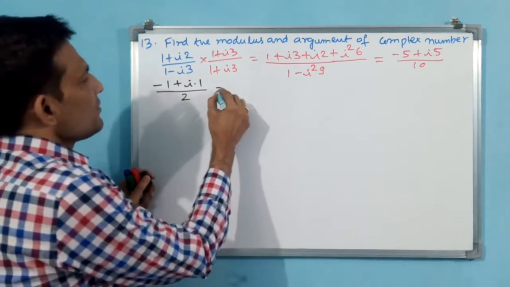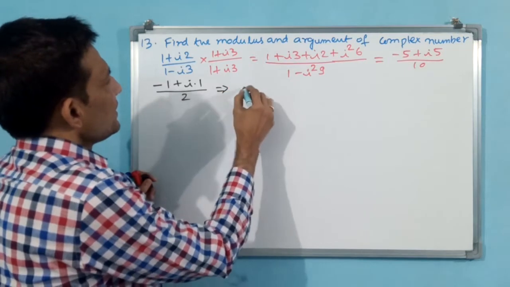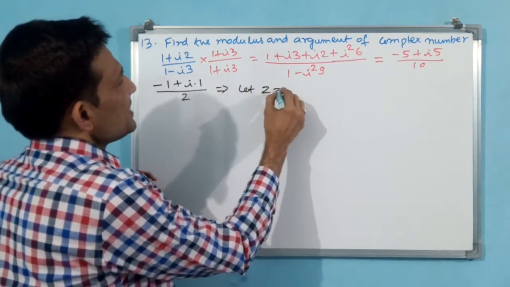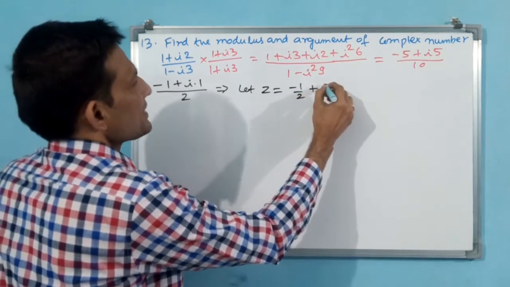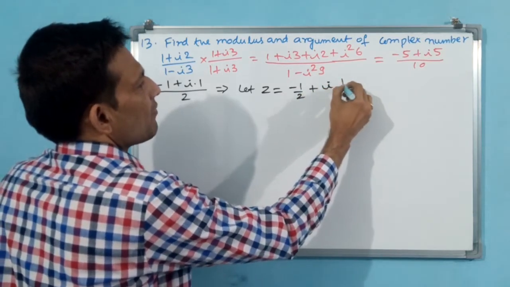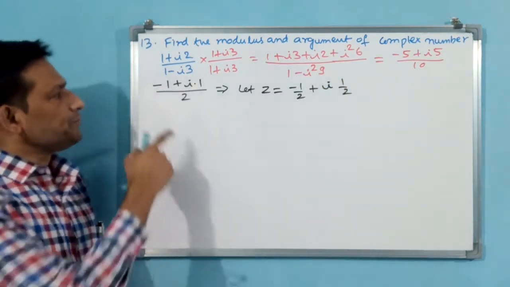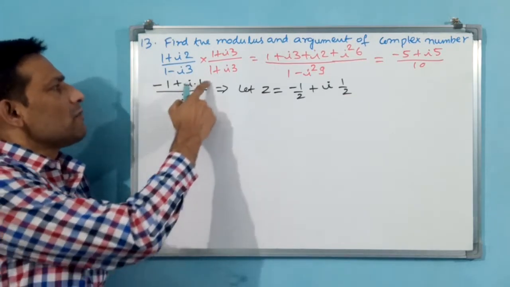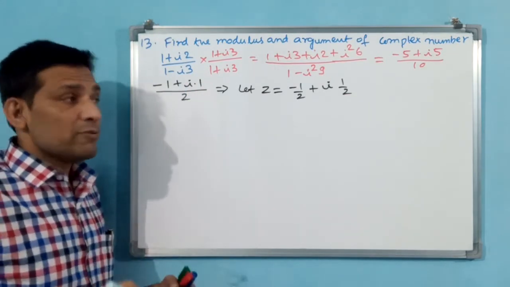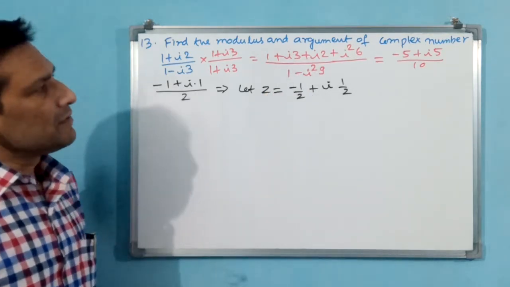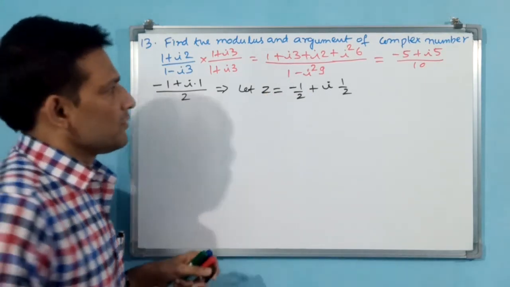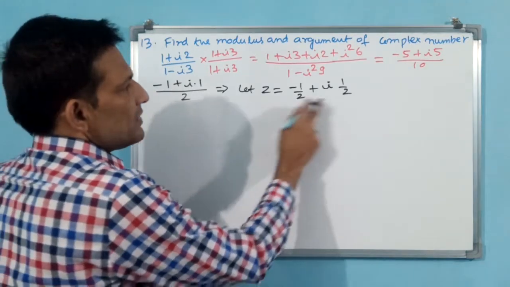Now you can write: let z is equal to minus 1 by 2 plus i 1 by 2. Minus 1 by 2, 1 by 2, because i into 1 is there. Earlier i5 was there, but afterwards i1 is there. Like that you have to think. This will be the z.